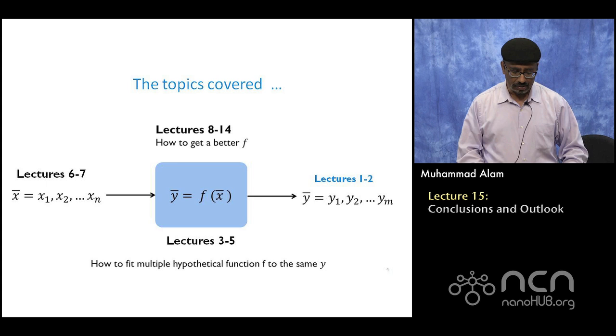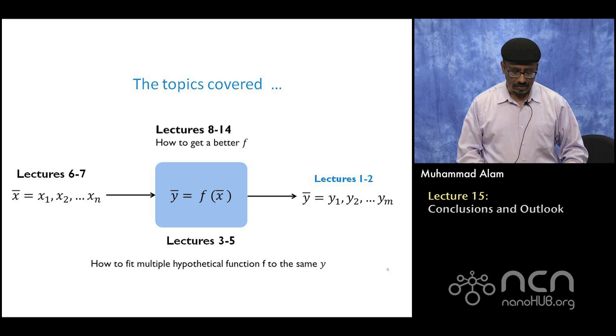Then we switched gears and explained that when you are trying to calculate this F, or trying to determine the hypothesis, it will work better if you sample the input variables, the voltage and temperature for example, in a specific way.